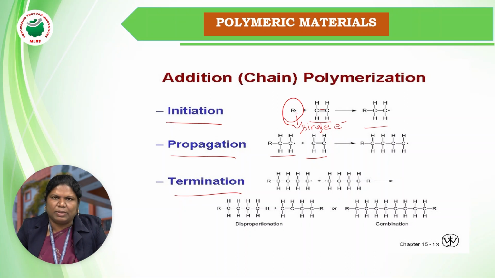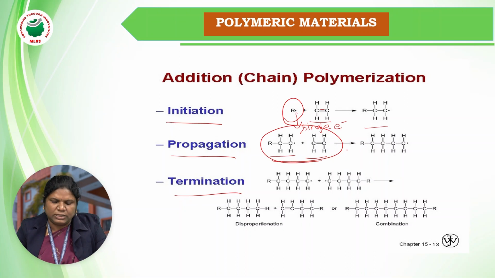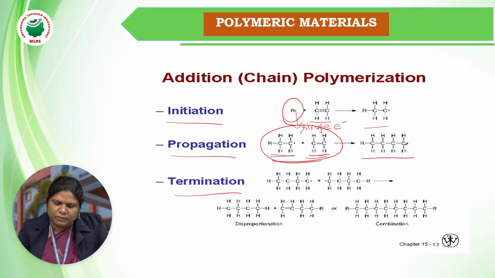This free radical will react with another ethene molecule and be converted into a free radical, and these two combine, so the chain propagates with the free radical. This is the propagation step, in which the chain propagates.